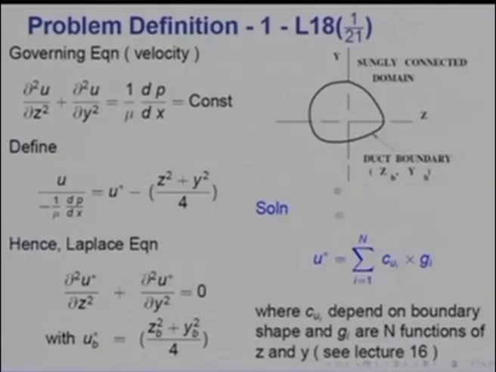N represents the number of boundary points you have chosen on the duct boundary. So, we will keep this in mind, that this is how we had solved the velocity problem.